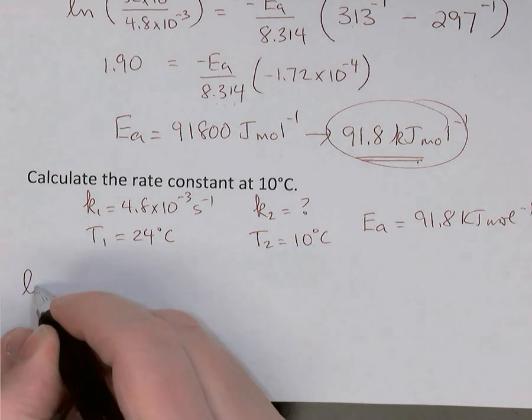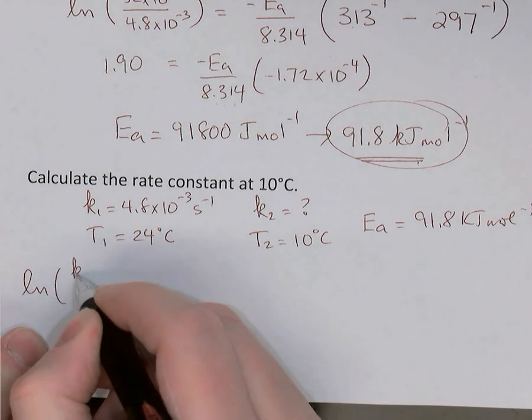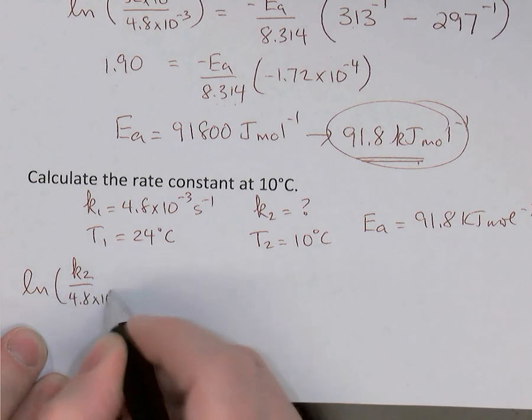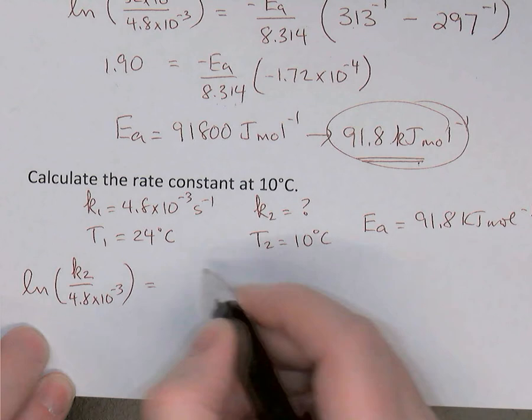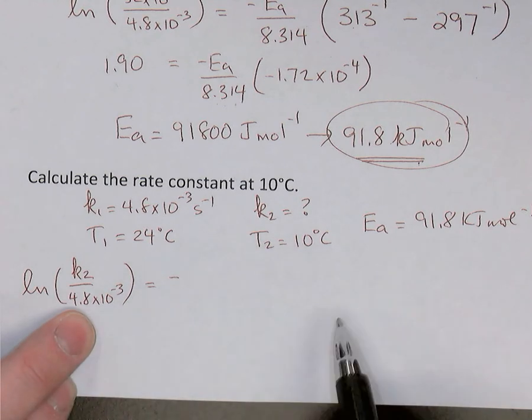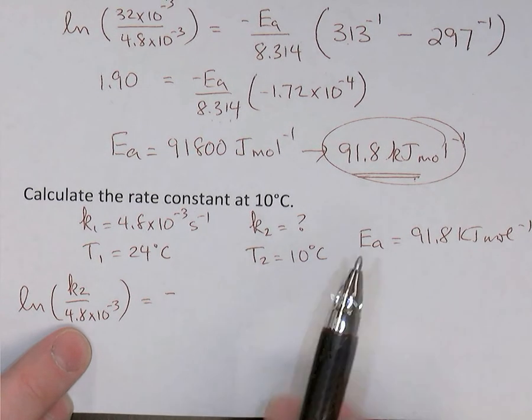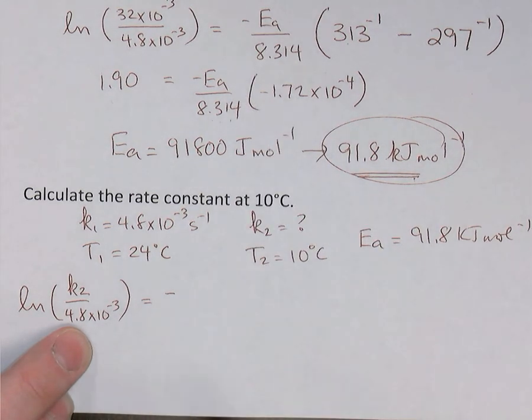So we'll say natural log of K2 over 4.8 times 10 to the minus 3 is equal to negative, now be careful here, when you're using this equation, remember that the activation energy must be in joules per mole.